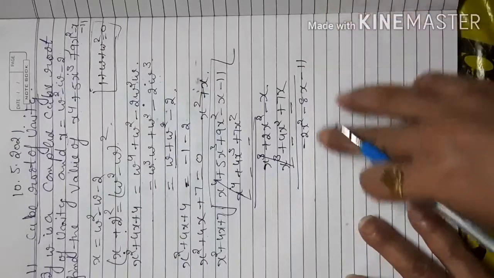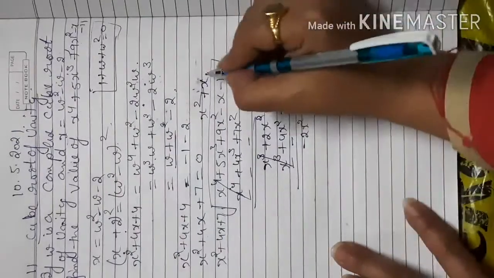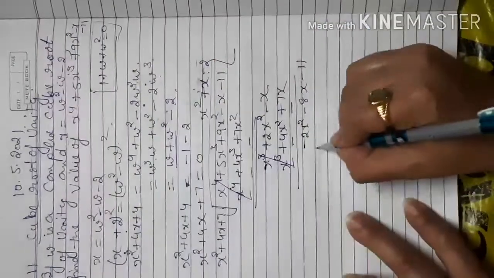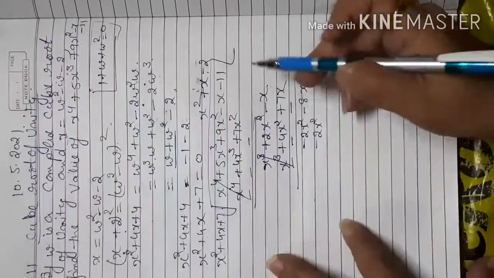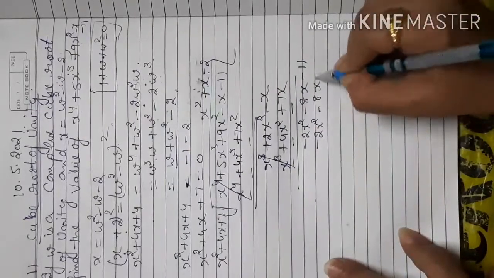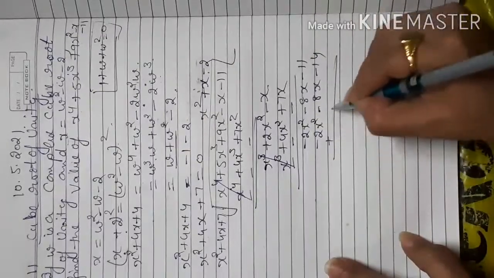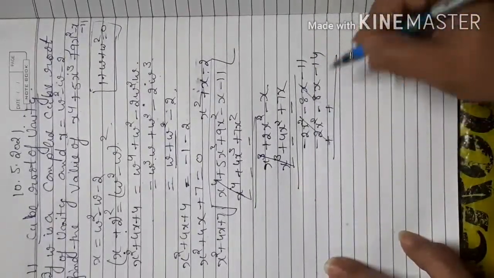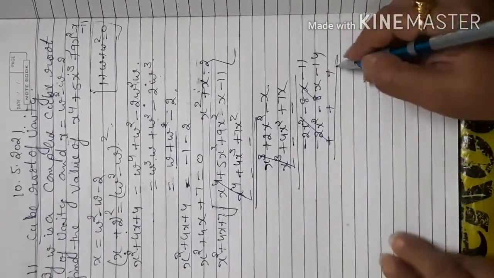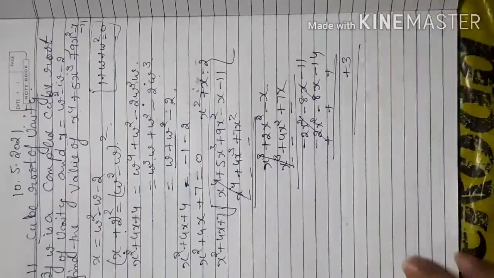Now my next target is to remove minus 2x^2, so I multiply with negative 2 here: minus 2x^2, minus 8x, and then minus 14. Now if you subtract, the sign will change, and 14 minus 11 gives me plus 3. So that is the remainder.